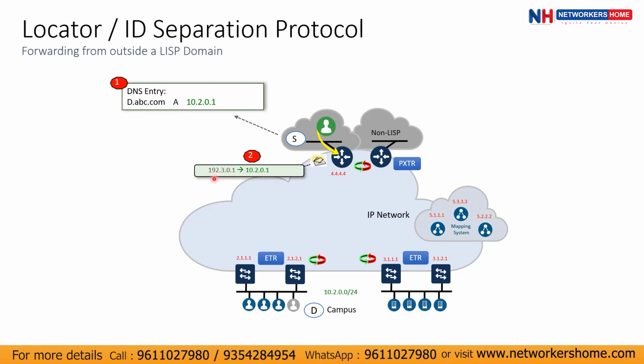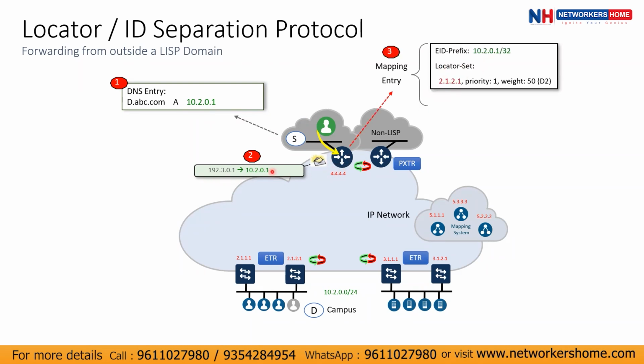So the new IP header would be its own IP address, like RLOC address 192.3.0.1. It will try to reach the mapping server to identify behind which fabric edge node this IP is connected. It will forward that to this IP address 2.1.2.1, right?